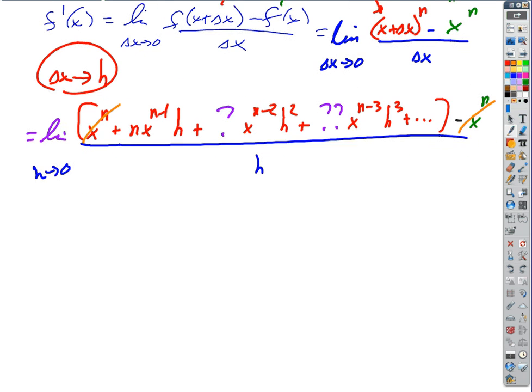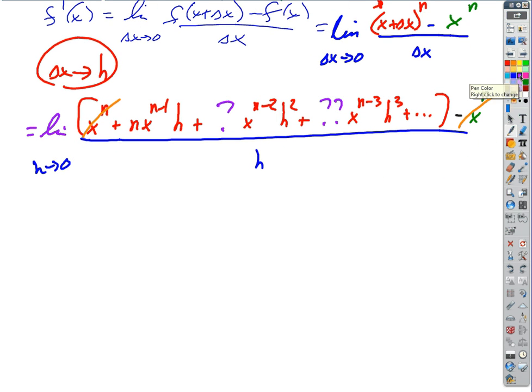So what happens when we factor that h out? We get an h out front. What's left behind when we do that? n x^(n-1), plus all the other stuff. Plus h times, because if we factor an h out, I'm left with an h there, right?